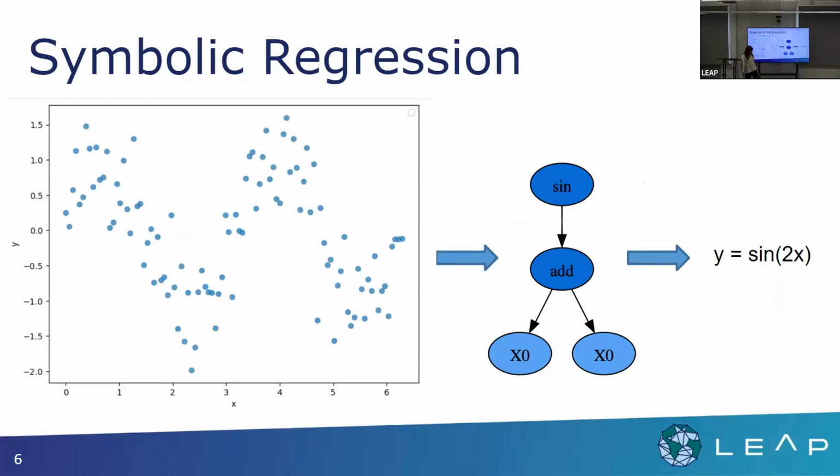The equation might look something like this equation tree, where at the bottom you see I have an x here and an x here, and it's telling me I need to add those two x's. So now I know it's 2x. Then it's telling me to apply the sine to the 2x. So then I know that my equation is y equals sine 2x. That's how symbolic regression works.